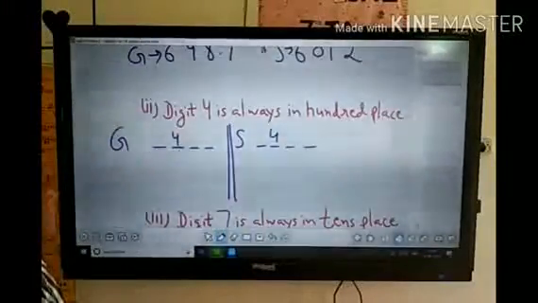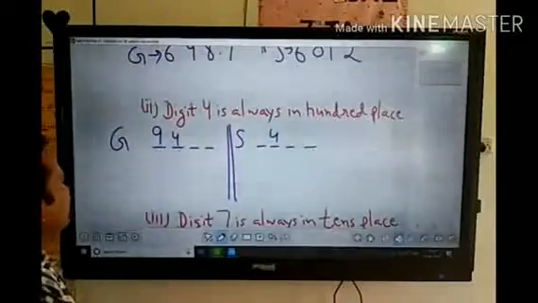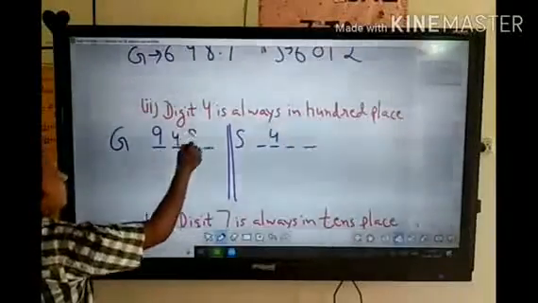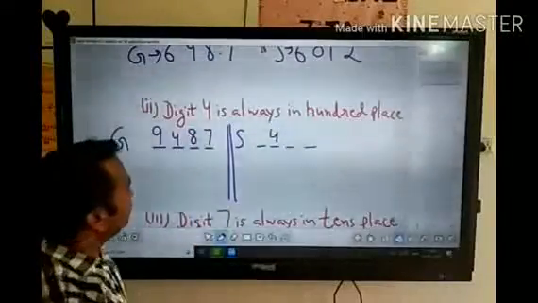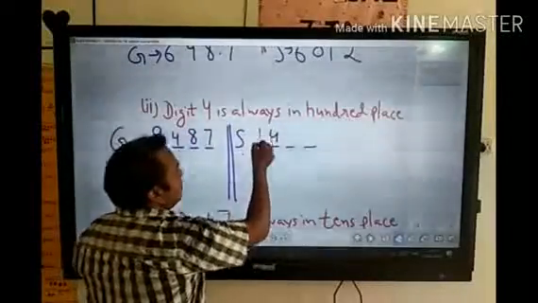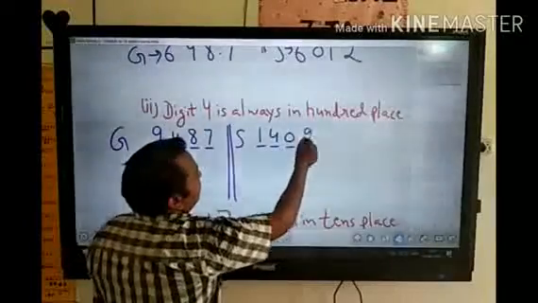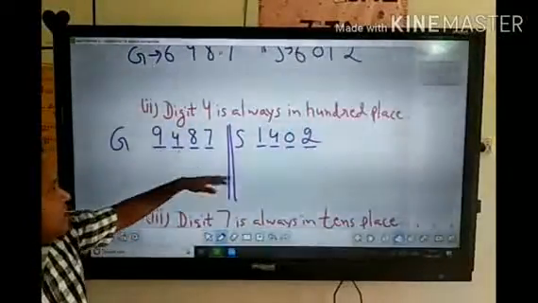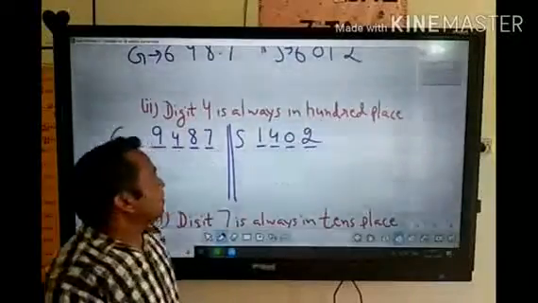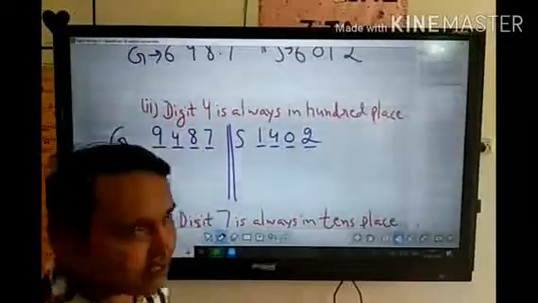Now I have to make the greatest number, so I will start with 9, and after that 8 and then 7. And here I will start with 1, 0 and 2. Clear? I am following the condition of non-repetition of the digits.